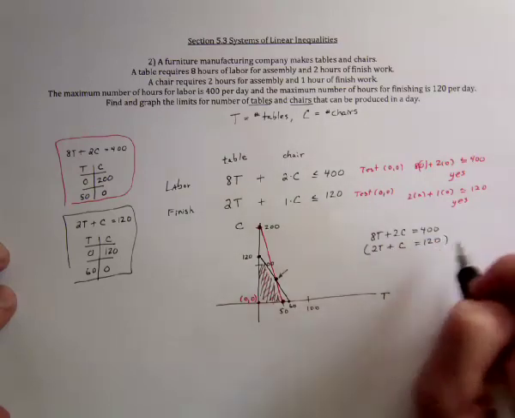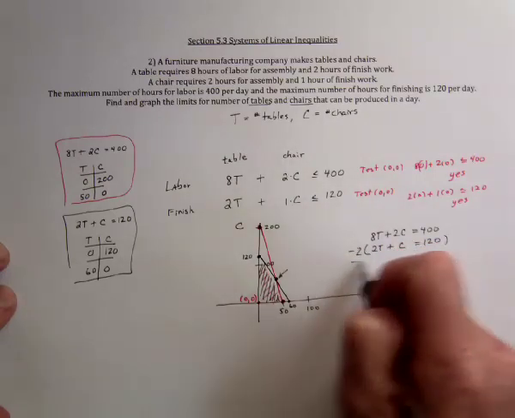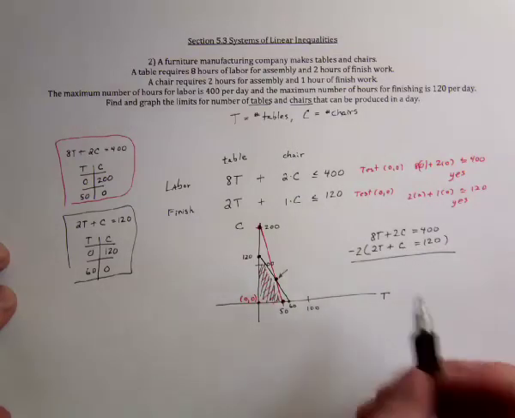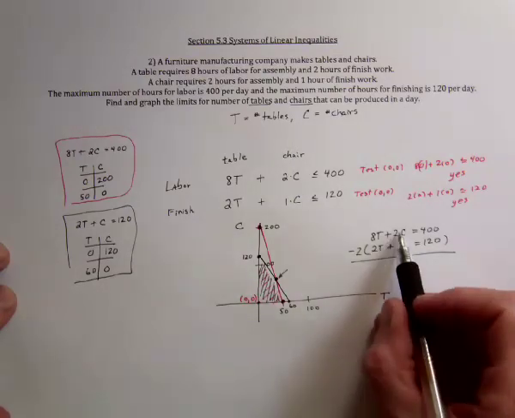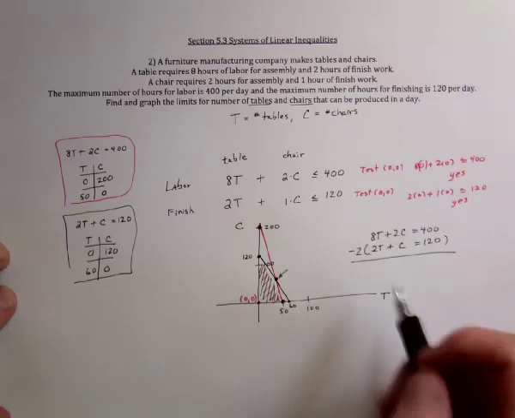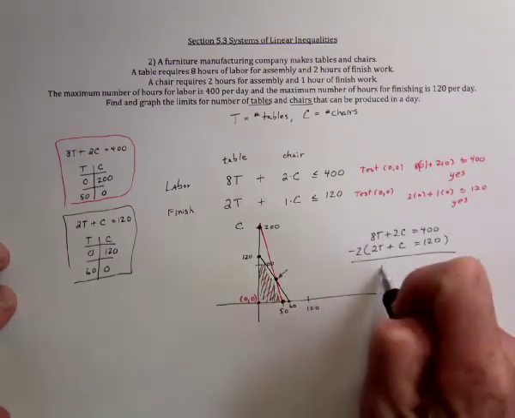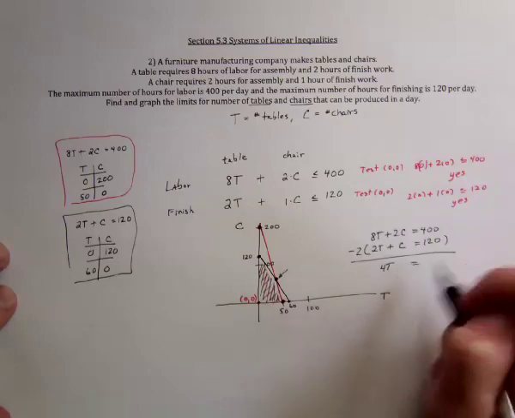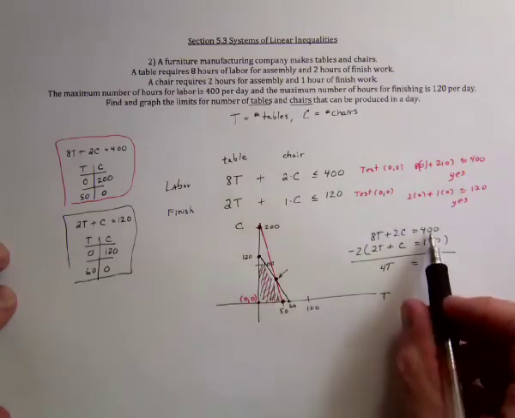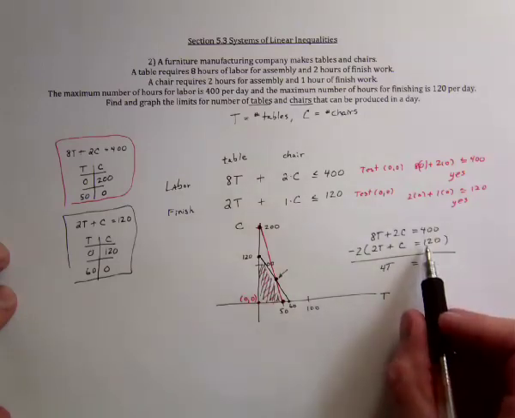And if I multiply the bottom equation by a -2, then I would have -2c, which would cancel that, so use the elimination method. In here with the t's, it's going to be 8t minus 4t is 4t. And then here, when you multiply this by -2, it's going to be -240.